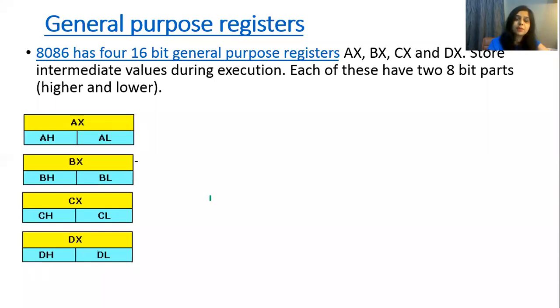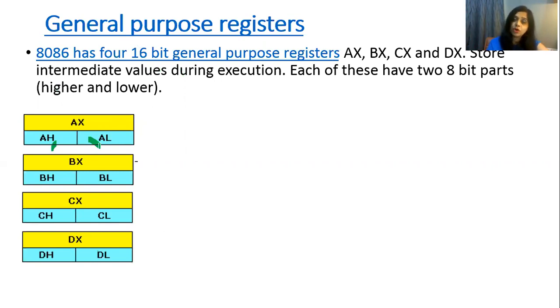Now these are general purpose registers. 8086 has 4 16-bit general purpose registers. You can see that these are AX, BX, CX, and DX. These general purpose registers are used to store 16 bits of data, or you can say 2 bytes of data, or you can also use them as individual registers for storing 1 byte of data or 8 bits of information.